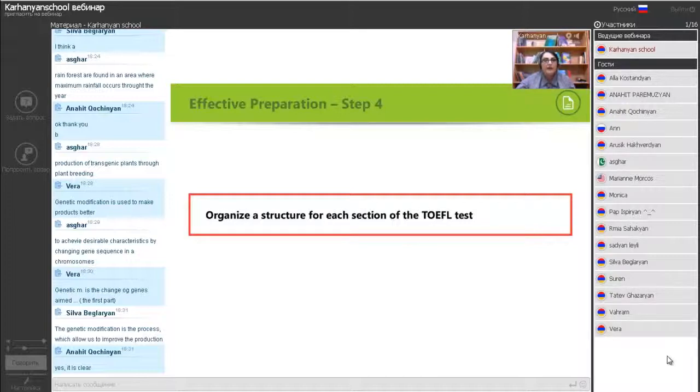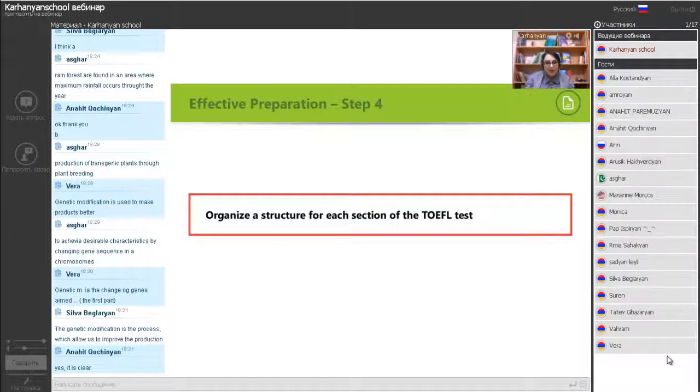Then step number 4, effective preparation. Organize a structure for each section of the TOEFL. I said that TOEFL needs structure, but it is not as important as using the language correctly.